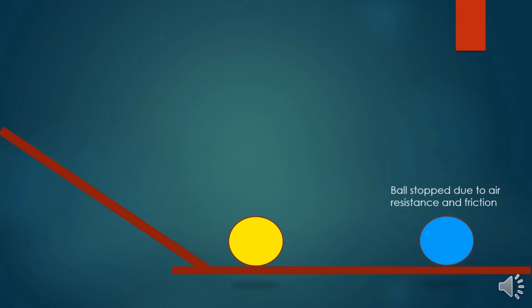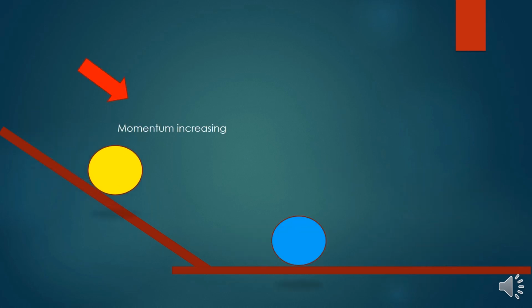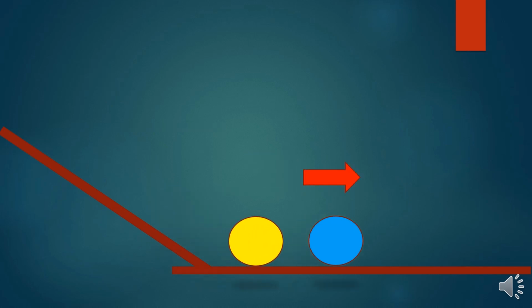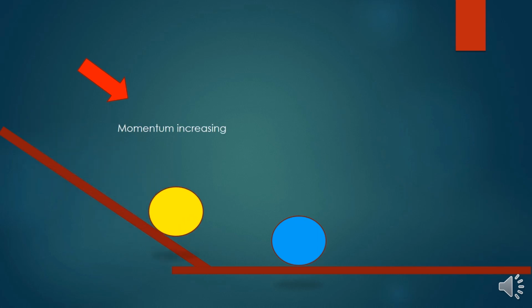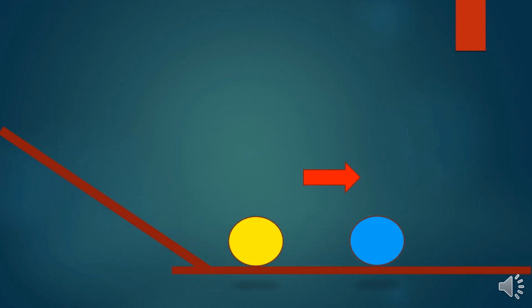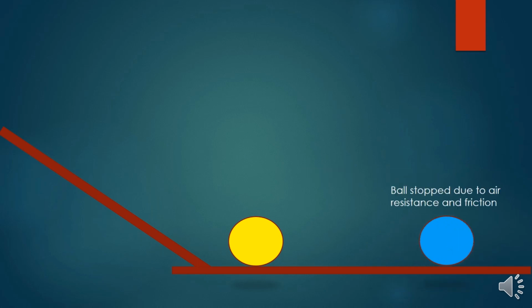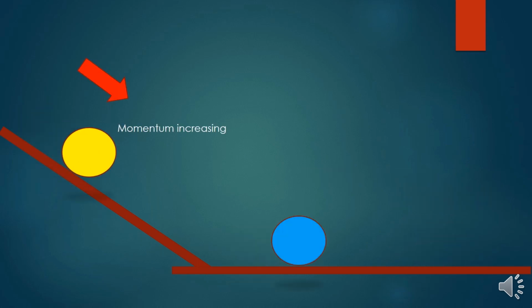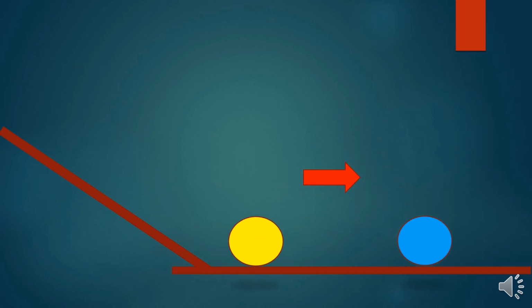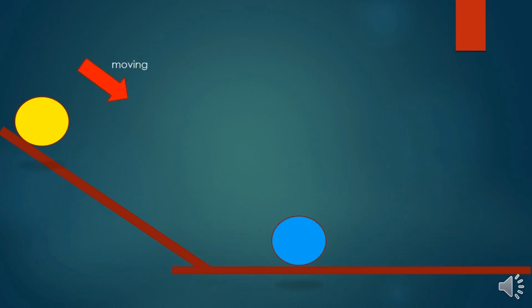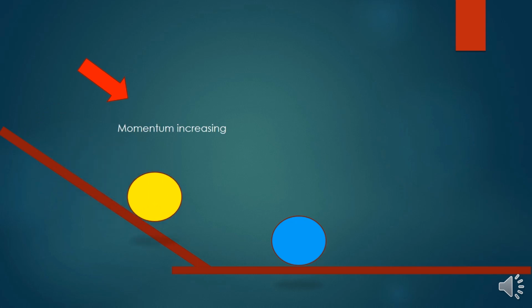As the ball rolls down the ramp, its momentum increases as it picks up speed. The blue ball at the bottom is stationary until the yellow ball collides with it. During the collision, momentum is transferred from the rolling object to the stationary object, which will then start to move.